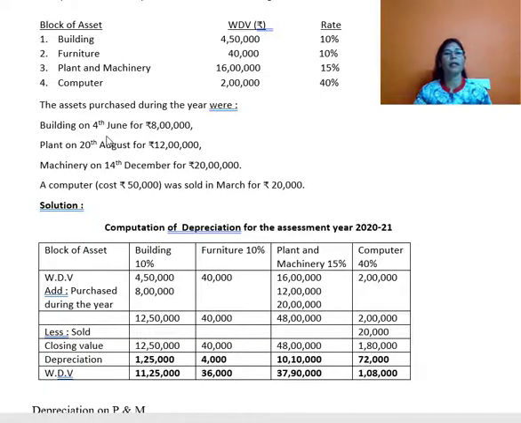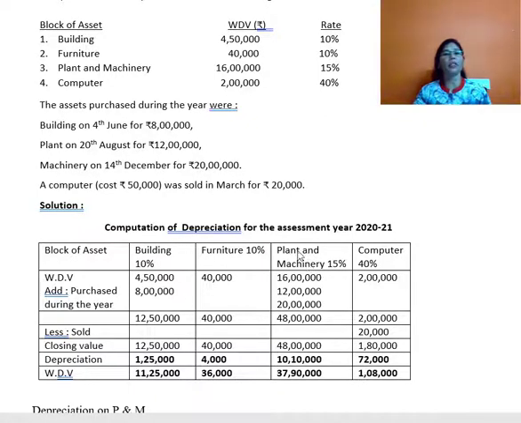Now this building is purchased on 4th June. So definitely it is more than 180 days. Therefore, we can take the entire block and charge on this whole 12,50,000 at the rate of 10%, we get 1,25,000. Next is furniture. There are no additions. So 10% on furniture comes to 4,000. So if you deduct, you will get the written down value here.